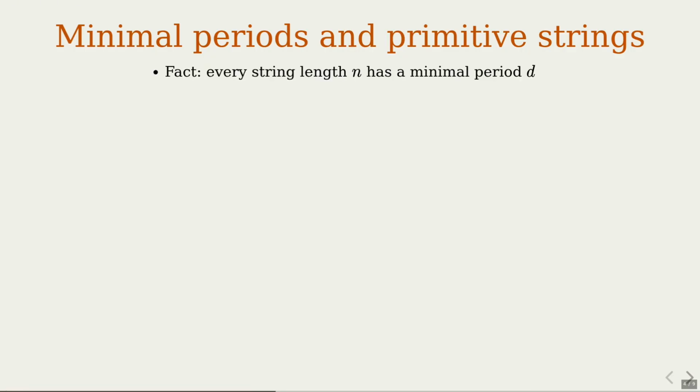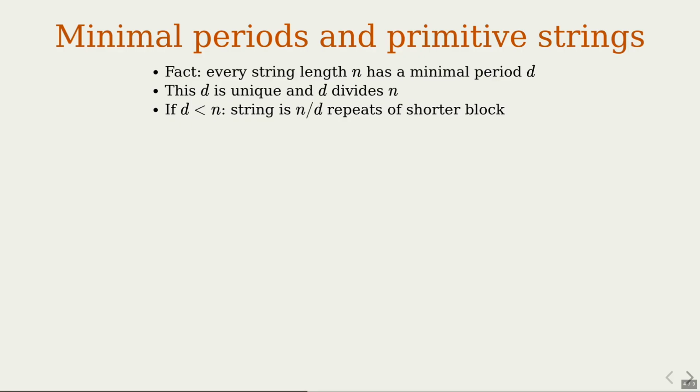Combinatorics on words tells us that for any finite string, there is at least one repeating block size that works, and among them, a smallest one. That smallest period is unique for each string, and its length must divide the total length n exactly. When the minimal period d is strictly smaller than the length, the string is just several repeats of a shorter basic block.